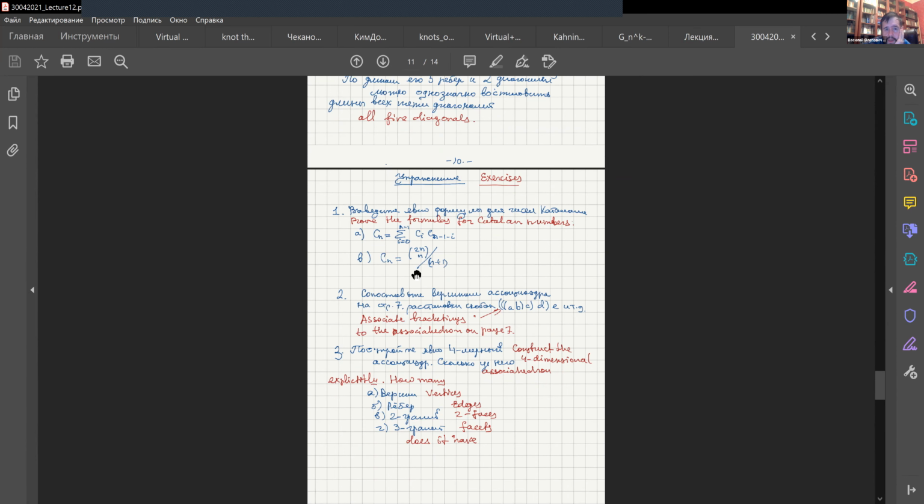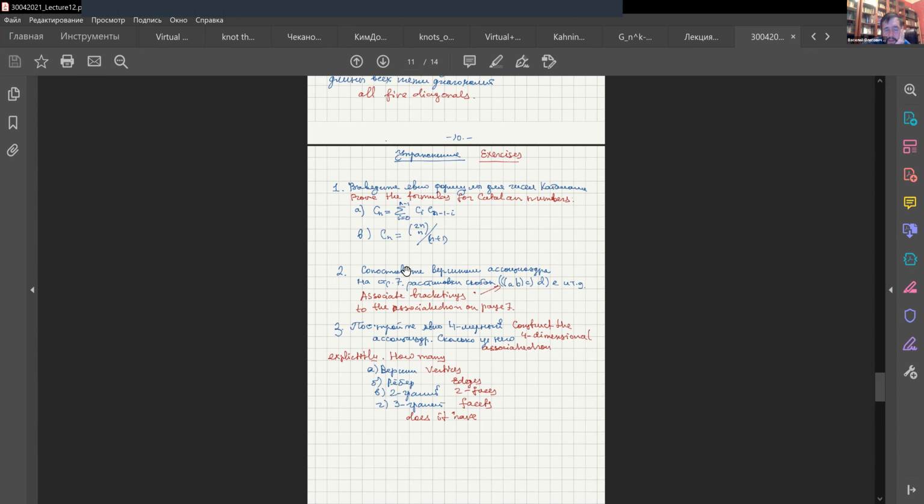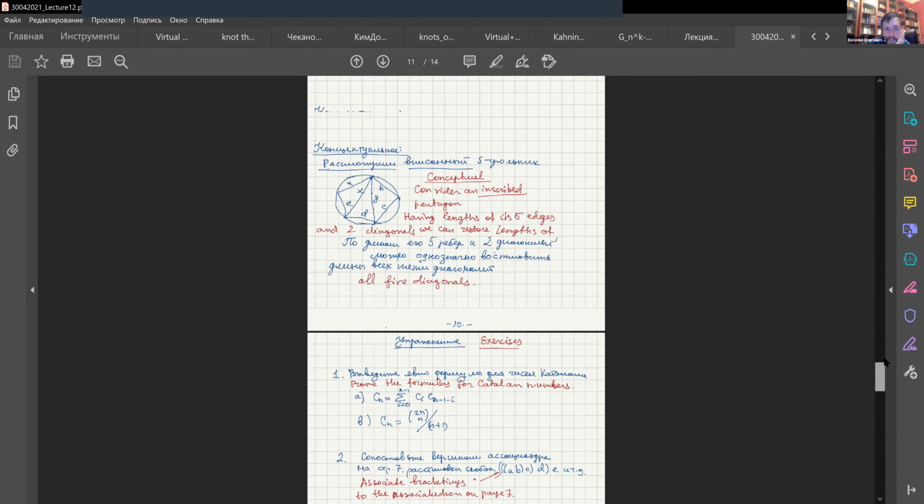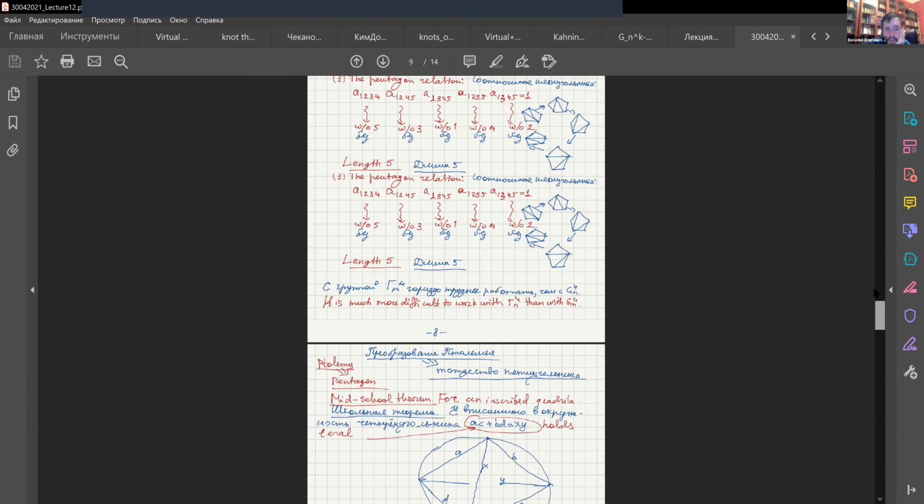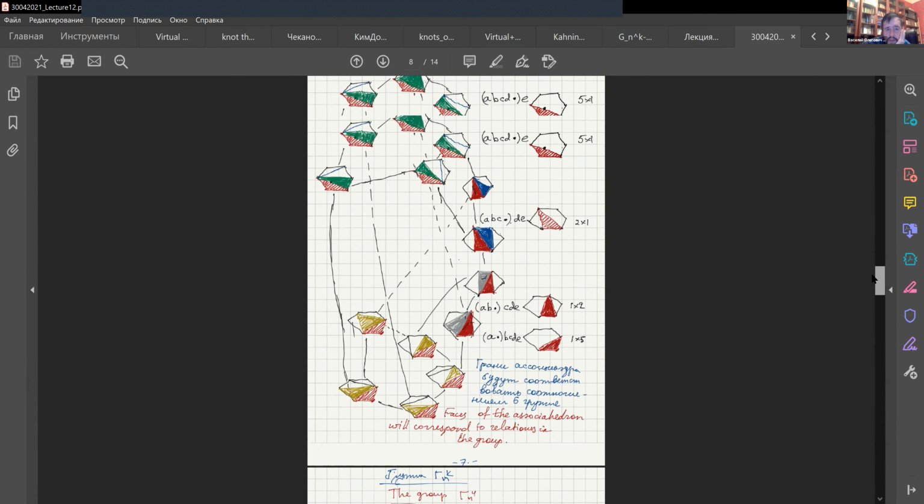So for B, just prove it by yourself. And now accurately, on page 7, I had the associahedron like this. And now please put all possible bracketings here and all possible bracket structures corresponding to all those triangulations.